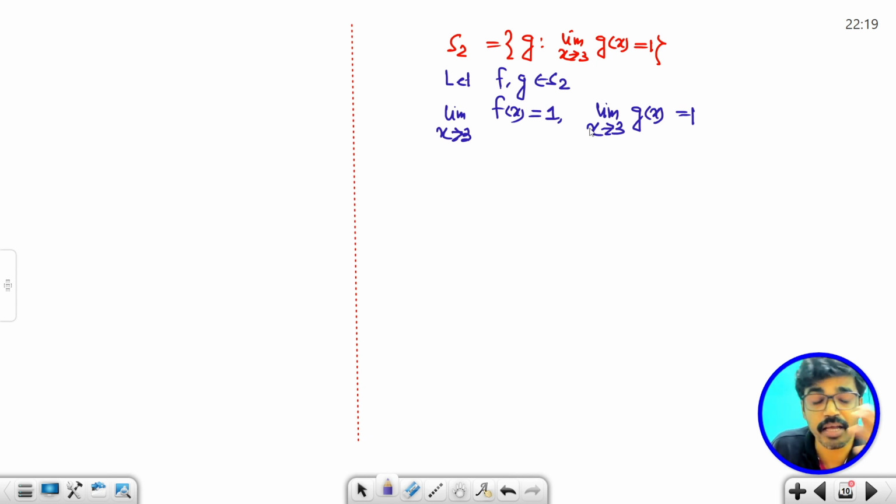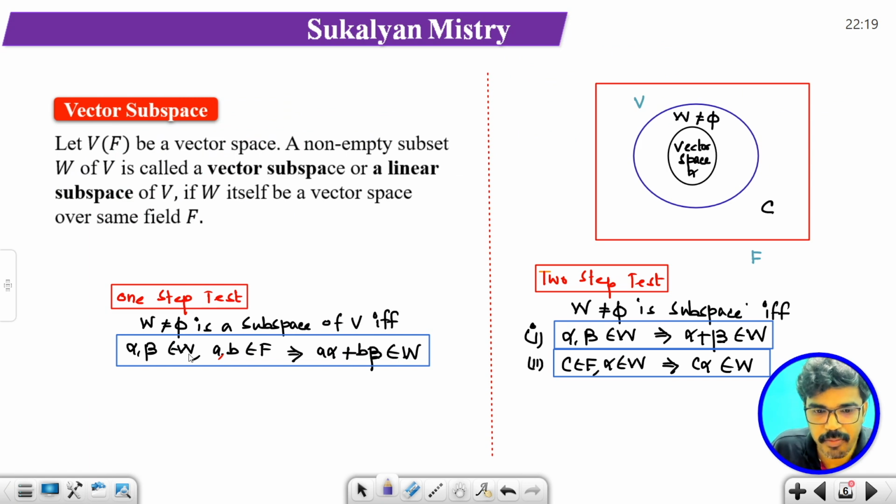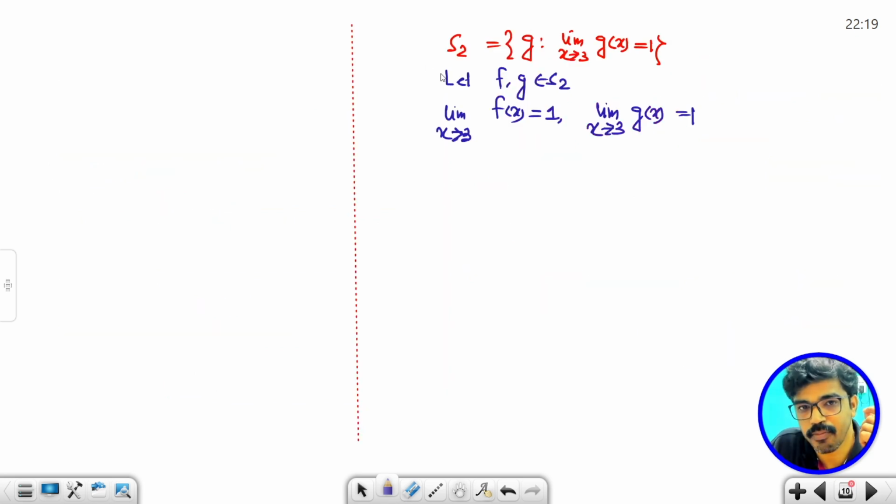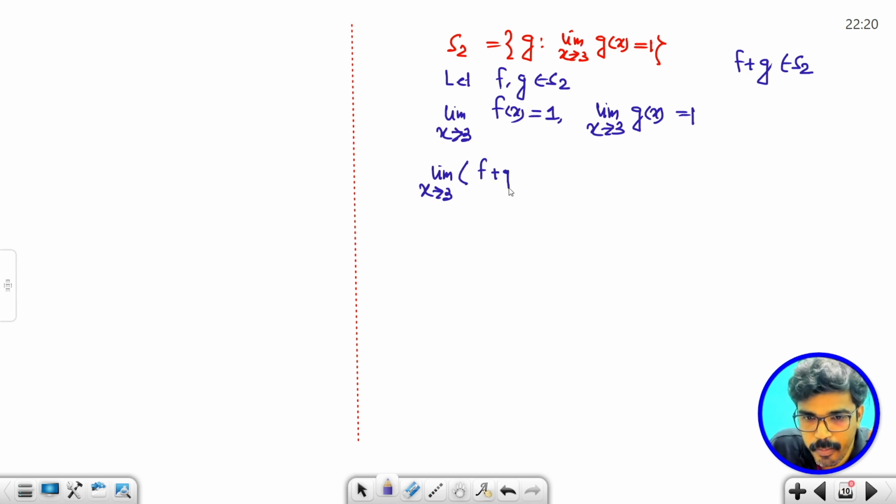Two-step test: alpha, beta belong to W implies alpha plus beta also belongs to W. Here W is S2, so if f plus g is an element of S2, then the next condition is c alpha belongs to S2. When will f plus g be an element of S2? If we can show limit x tending to 3 of (f plus g)(x) is equal to 1.